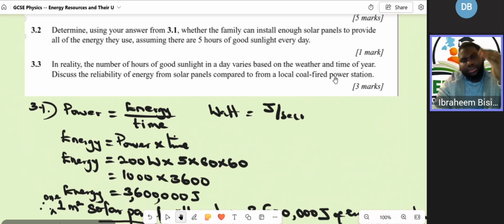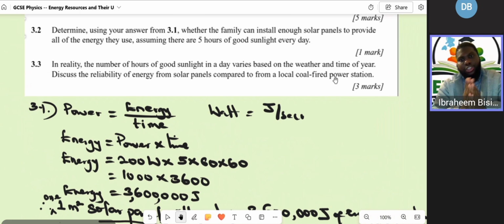Now, provided that the family's energy need does not exceed the amount, it always remains the amount, and the solar panel has its capability to produce a certain amount of energy. So in that case, the solar energy can be reliable.